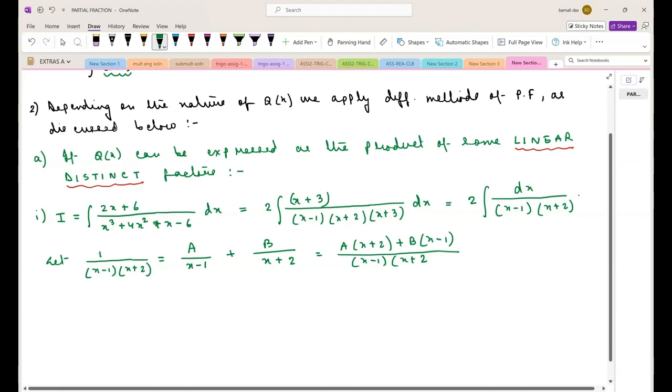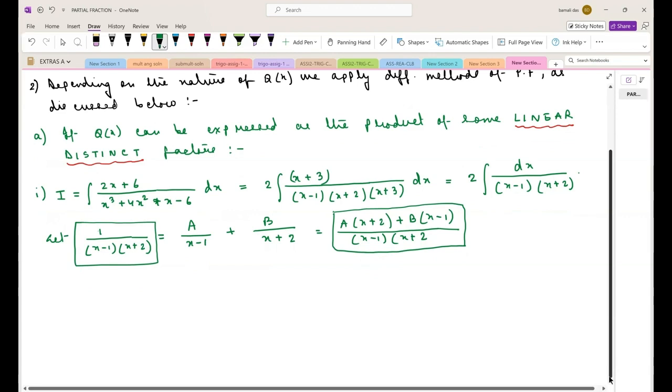Now if we compare this portion and this portion, since their denominators are same, their numerators will be same then. So 1 equal to a into x plus 2 plus b into x minus 1. Suppose I name this relation as 1.